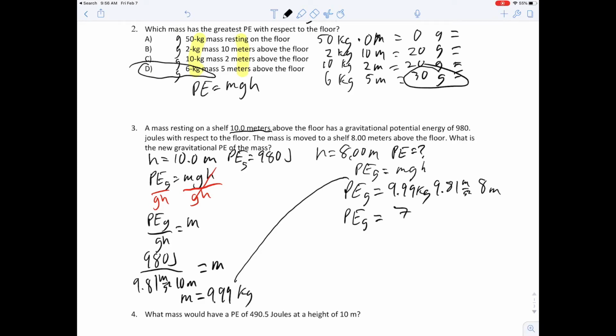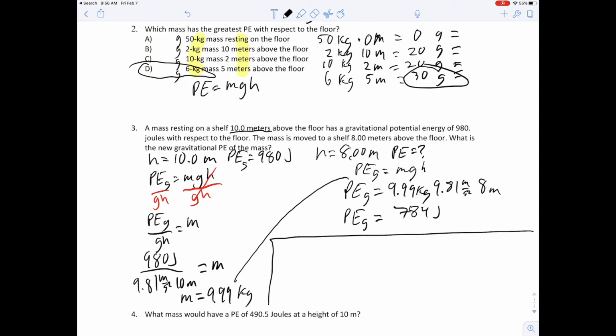You plug that into your calculator and get 784 joules. Okay, so that's the two-step problem, but you can do it.